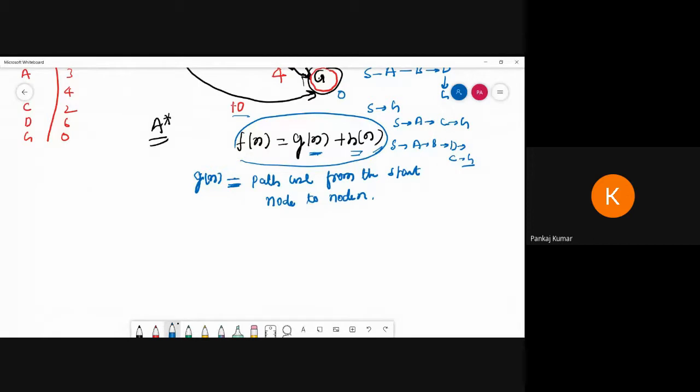The node may be anyone, like A, B, C, D, G, anything. Okay. Then talking about h of n. So here A star follows this function, and on that basis we can calculate.